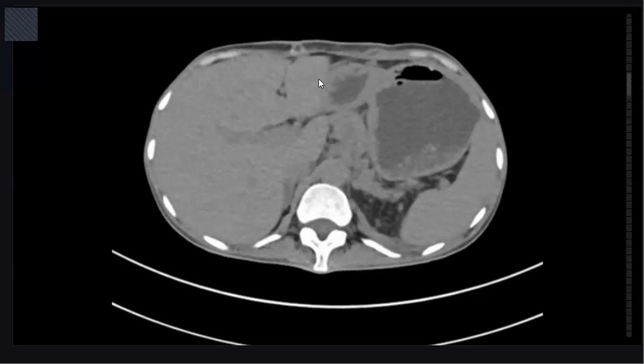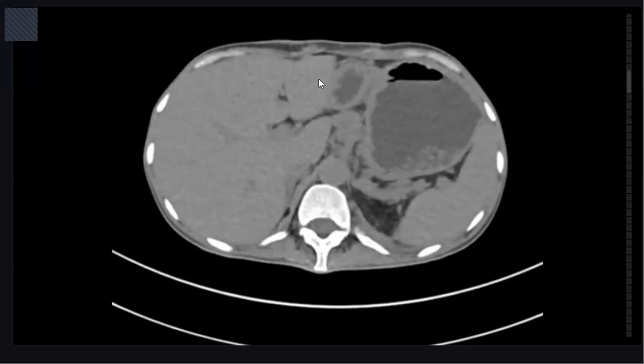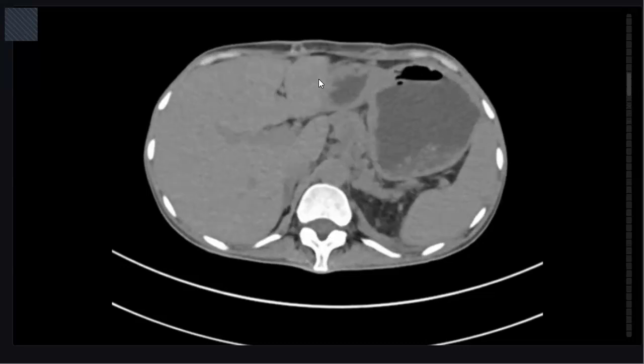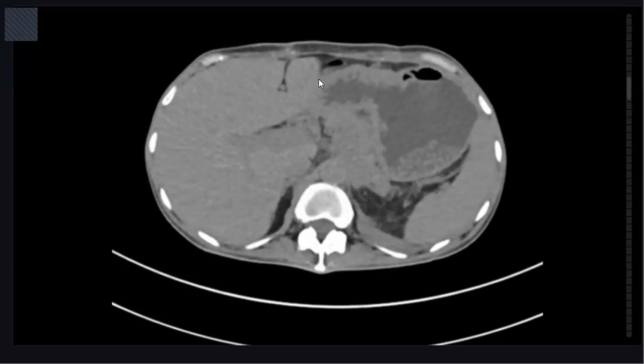I can see here in the presented image abnormal nodular thickening of the omentum at this region.